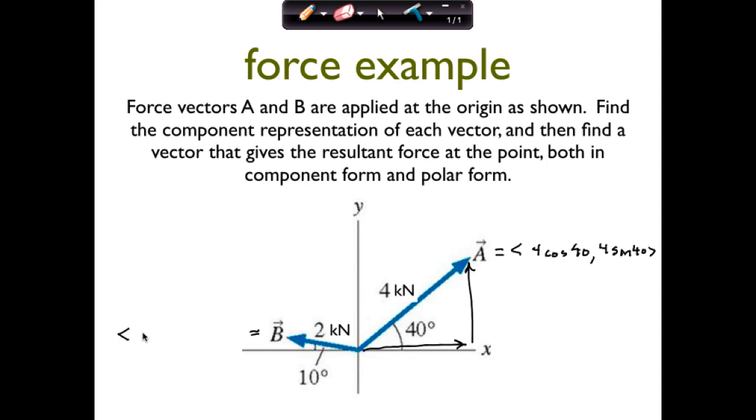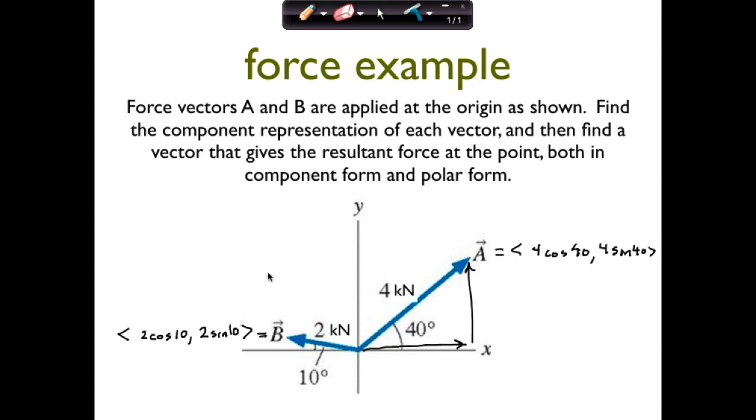All right, we got to be careful here. Okay, good. All right, how about B? Is it 2 cosine 10, 2 sine 10? Notice your x component has to be negative because we're pointing left, right?